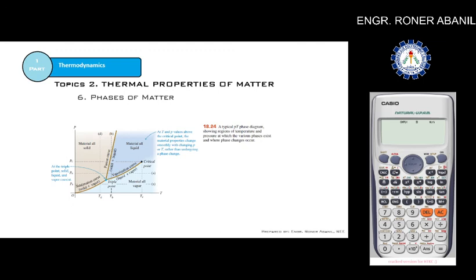If we add heat to the substance at a constant pressure PA, it goes through a series of states represented by a horizontal line. Okay? Dito, itong line A na to. Ayan. The melting and boiling temperatures at this pressure are the temperatures at which the line intersects the fusion and vaporization curves respectively.